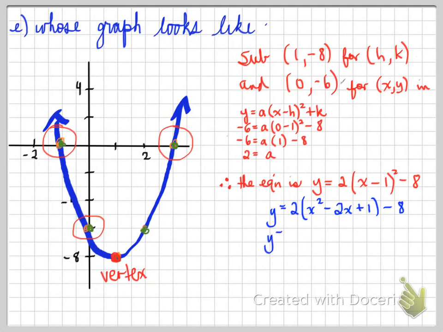We expand out the 2. We get 2x squared minus 4x. We have to multiply that too. So minus 4x plus 2 minus 8. Our final answer will be y equals 2x squared minus 4x minus 6.